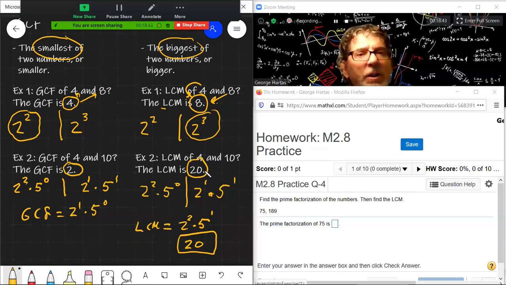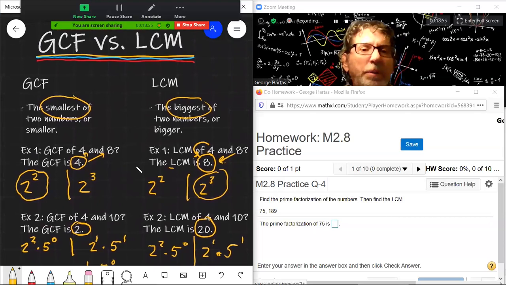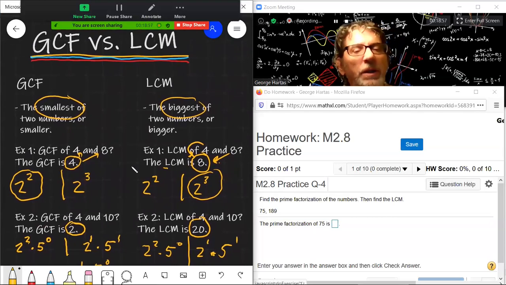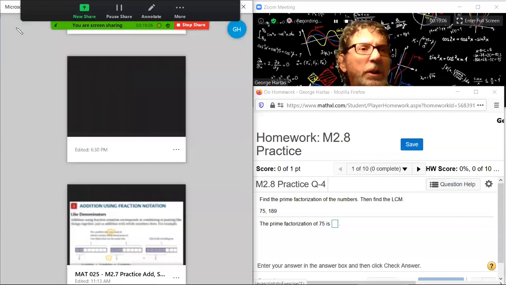All right, so that was some background information about the difference of the greatest common factor versus the least common multiple. Hopefully this helped a little bit. But now what we'll do is go ahead and dive into the questions.